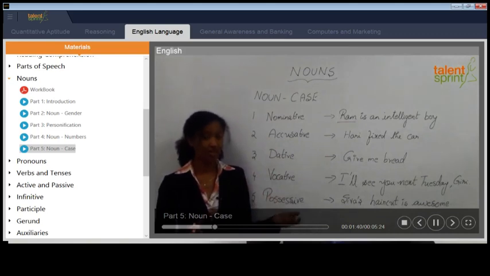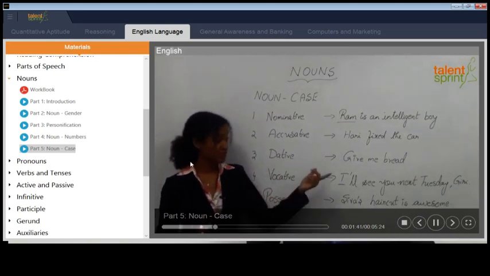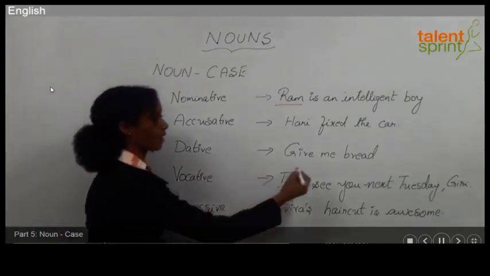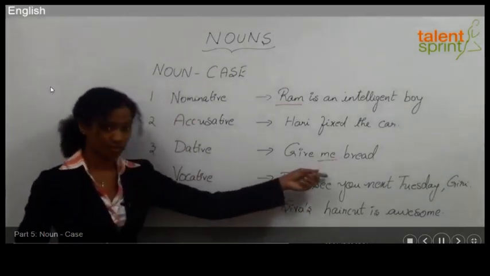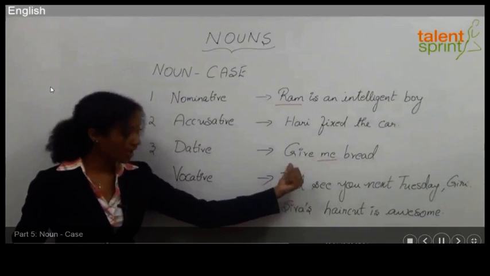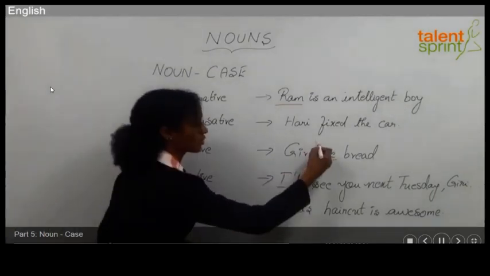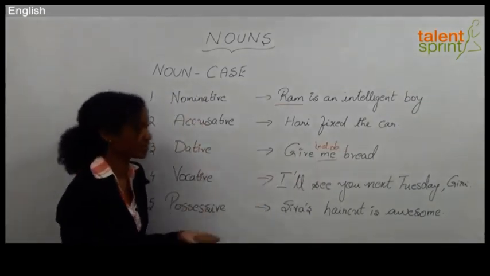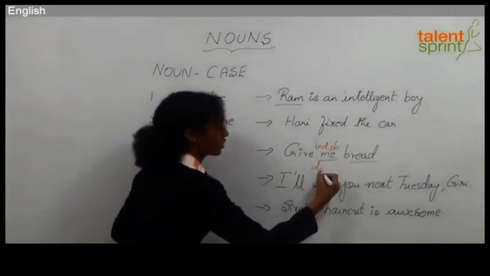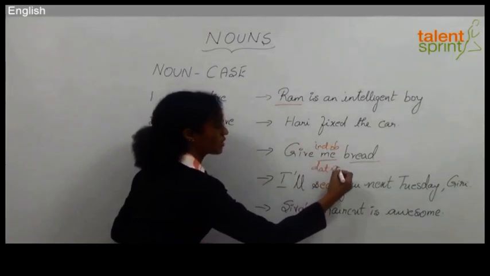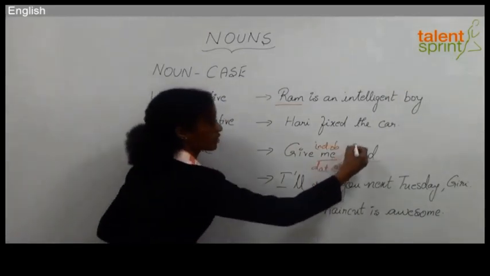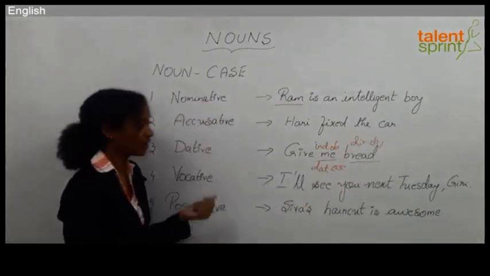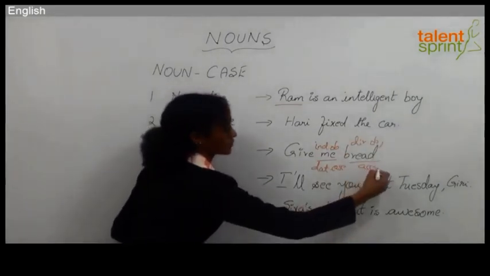So here, the first object after the verb give is my indirect object, and that is my dative case. This is my direct object, which we already saw is our accusative case.